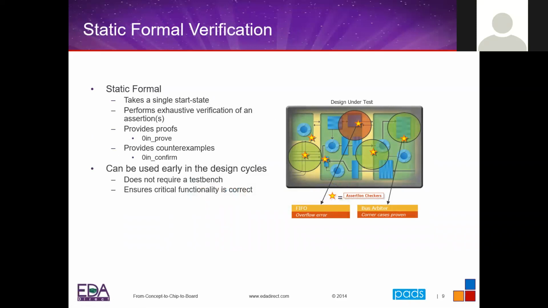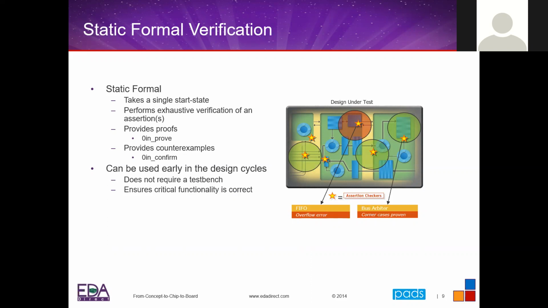And it's all about calculating every possible place you can get to. So formal used to be very difficult to run because you had to have these experts who could write those formal properties for you. It was kind of an expert level tool that required a formal expert to run it.